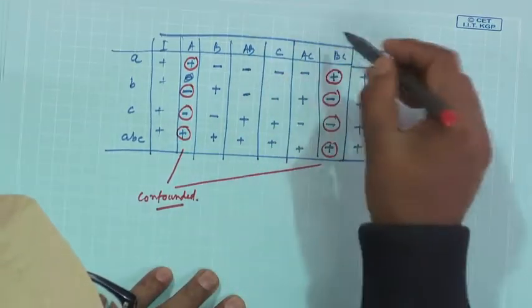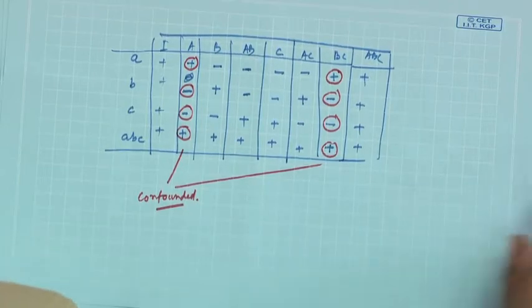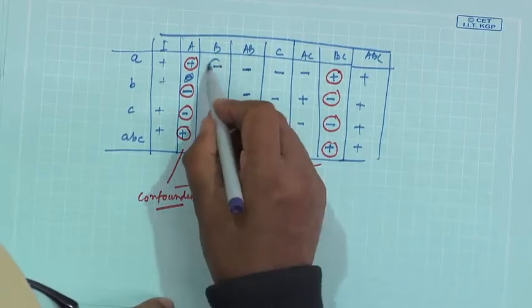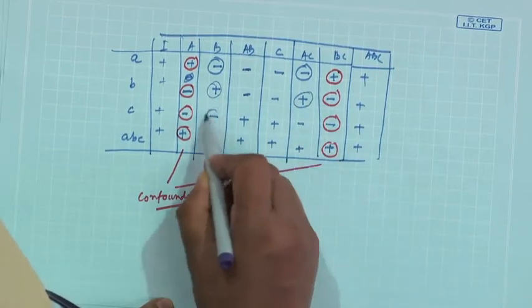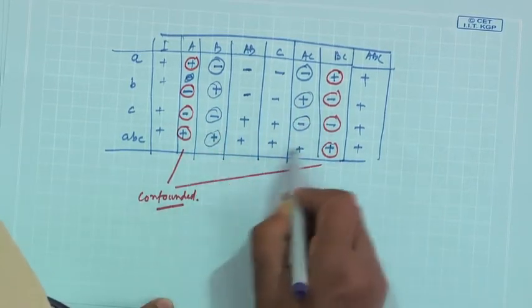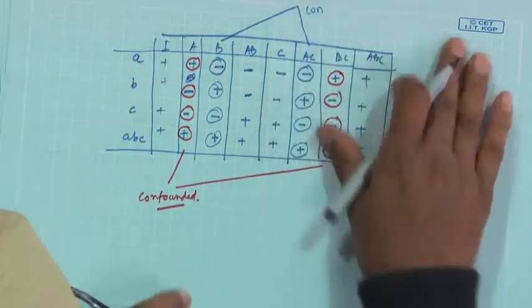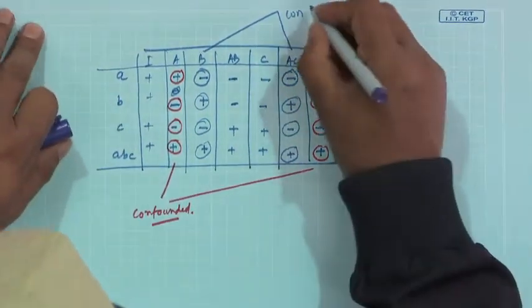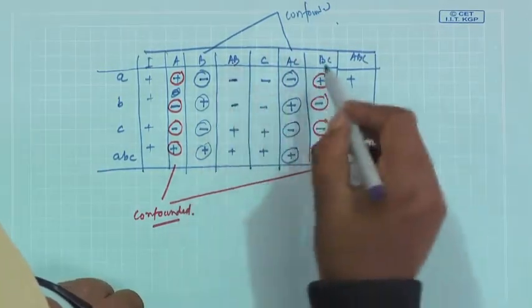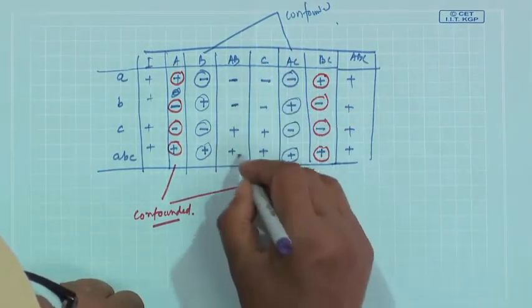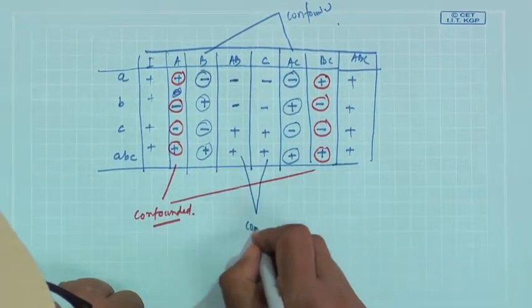Second, if you see B and AC, minus minus plus plus, minus minus plus plus, they are confounded. Similarly, these two are also confounded.